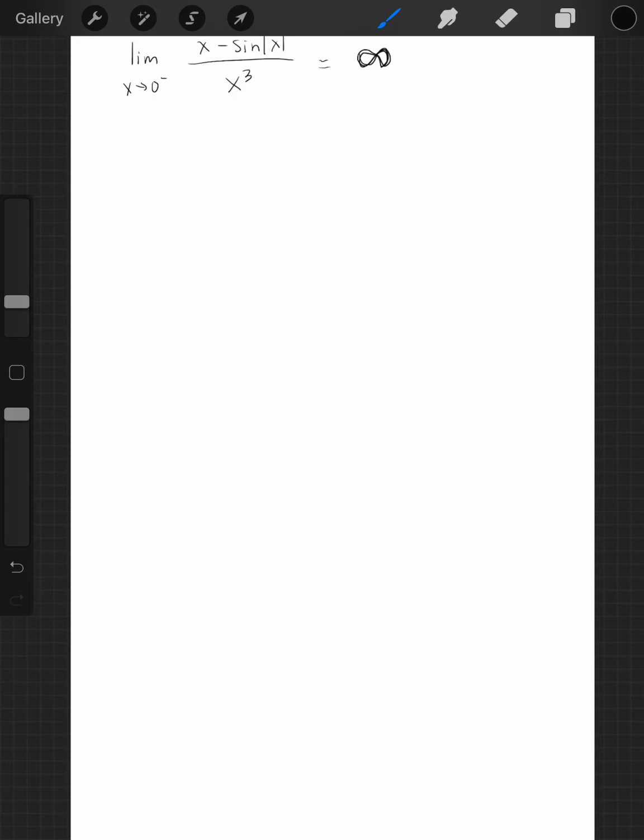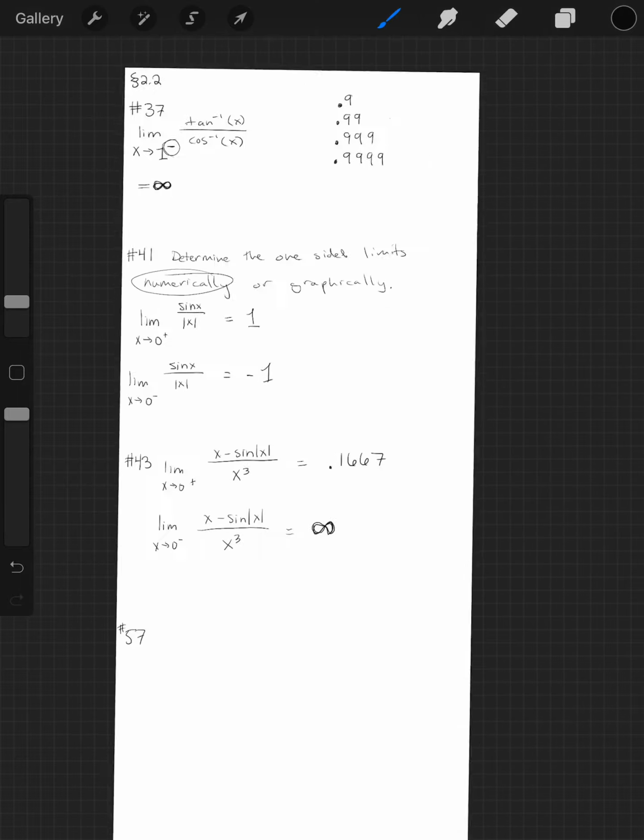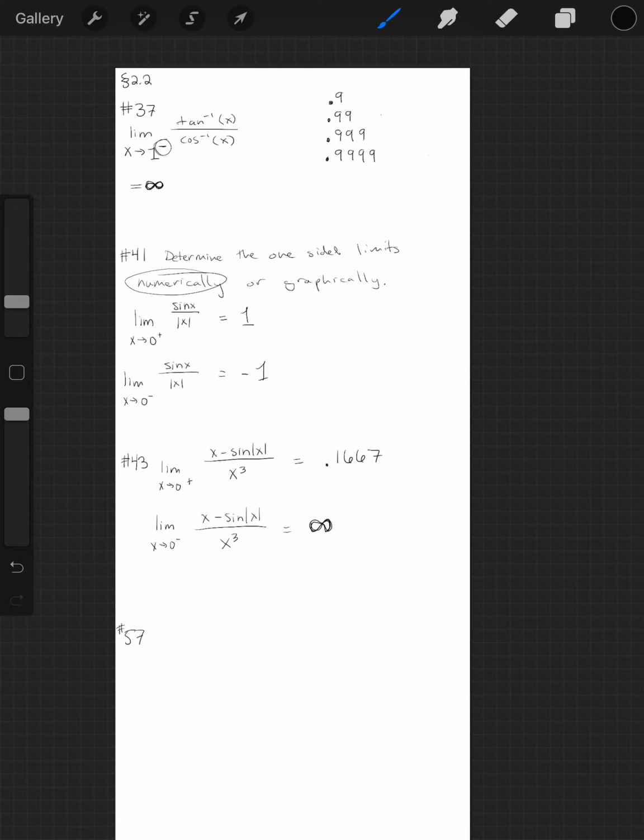We'll do one more, because it was one from another block. The only difference in this block is it was specifically saying that you should do it graphically. The first one we did here specifically wanted us to do it numerically, so that's one where you find the table and show some values to show your work.